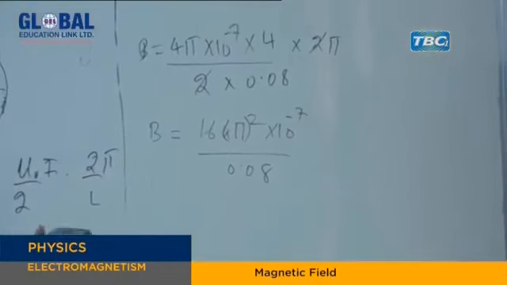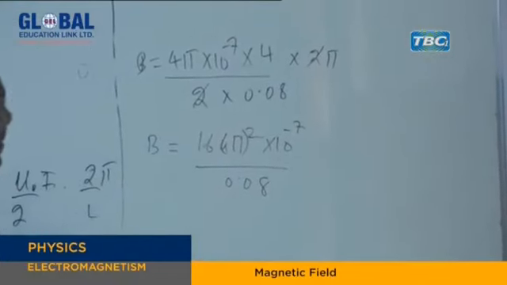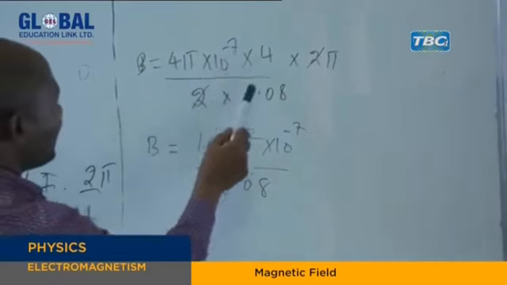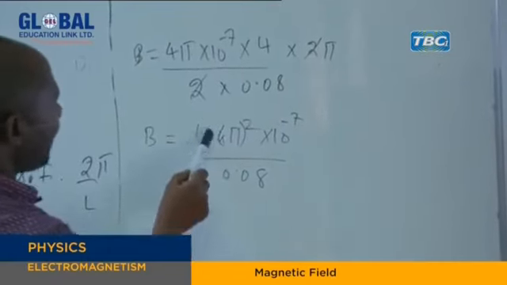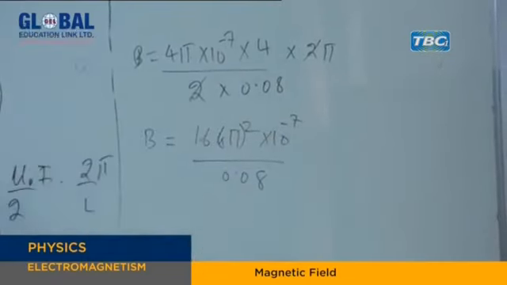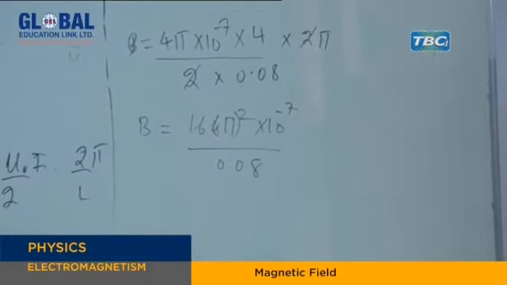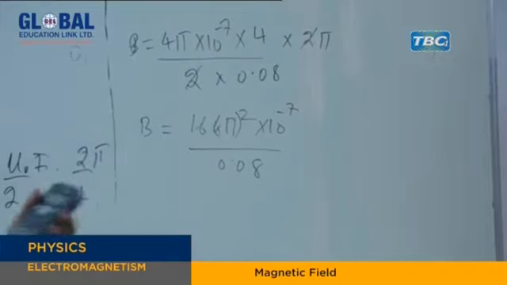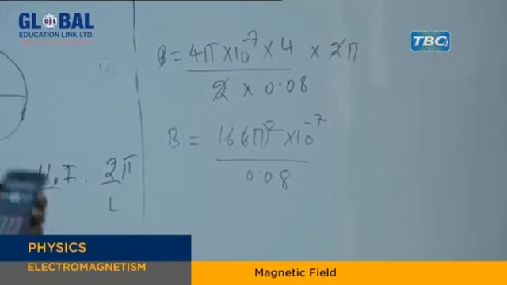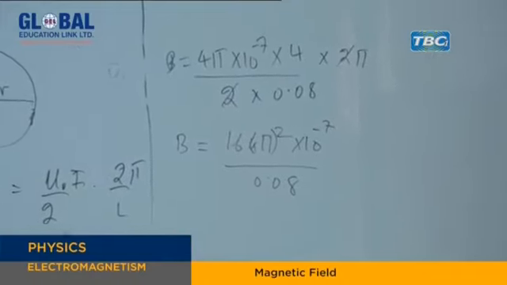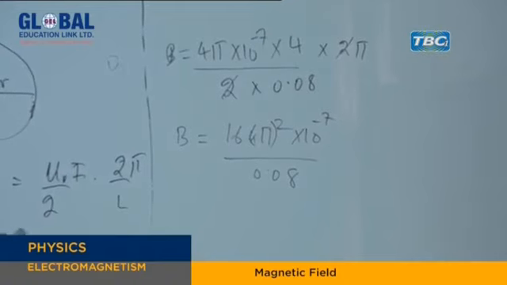Let's check. The 2 and 2 cancel, and the remaining 4 and 4 give us 16. And then we have pi and pi squared times this power negative 7 divided by that. Okay, let's start by finding the value of B at the center of this circular loop. So we compute using our calculator.